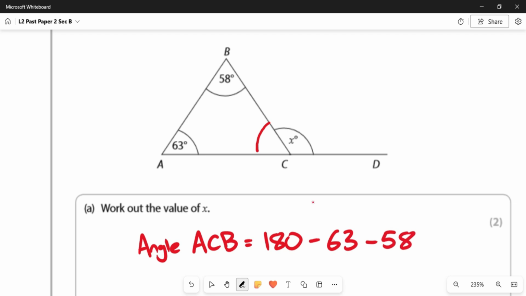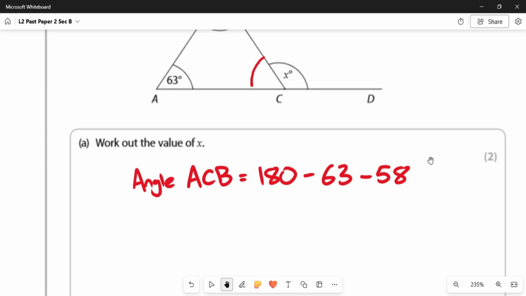Yep, we can just add them together and then take it away from 180. Should get the same answer. 180 take away 63 take away 58. That gives me 59 degrees. That goes here.